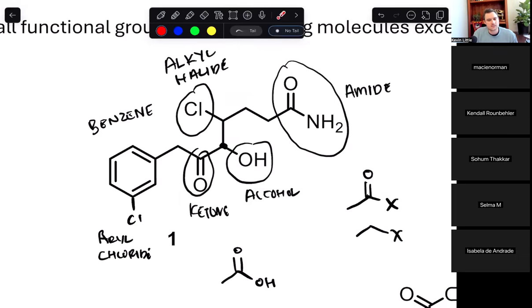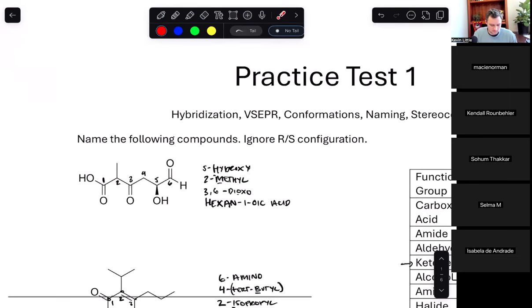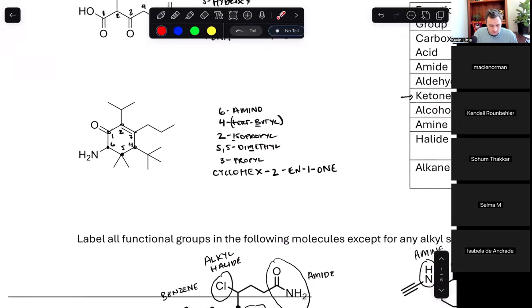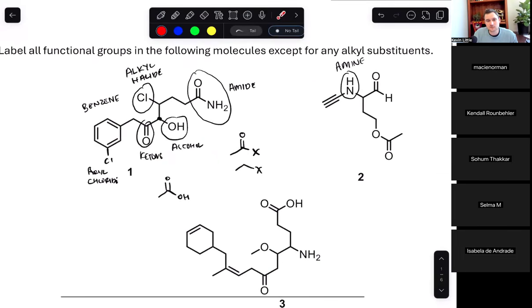One of the things that's kind of hard for you guys to grasp, and one of the reasons why I come back to functional groups and talk about it all the time, and I'm going to be honest, at the end of the day, this is more important than this, because we're about to get into reactions, and functional groups are called functional groups for a reason. It's because they have a function.